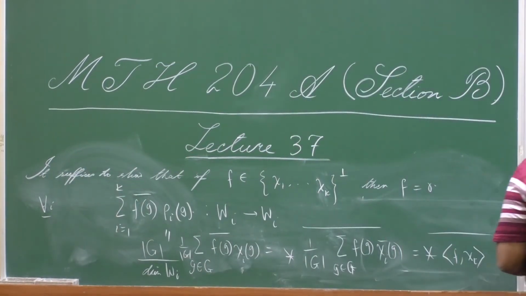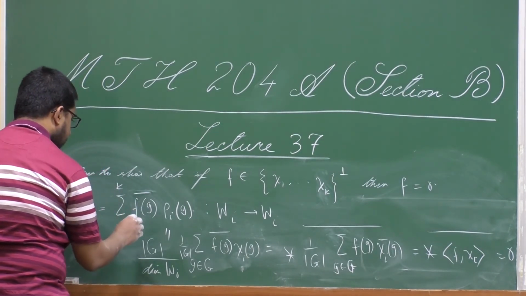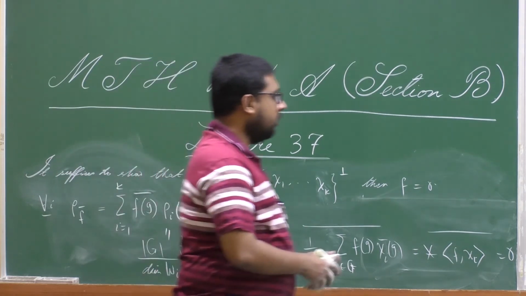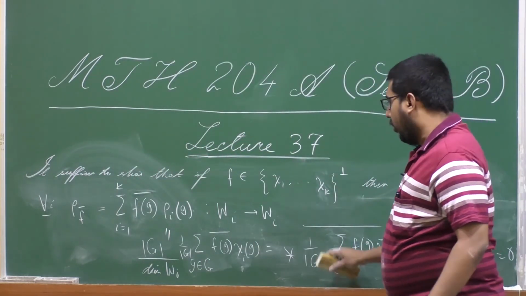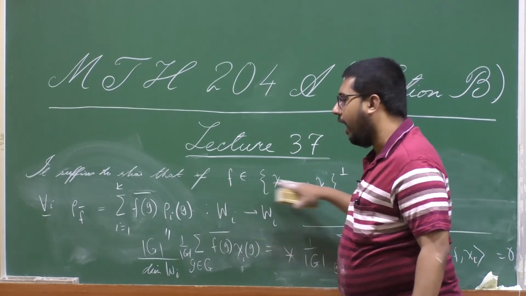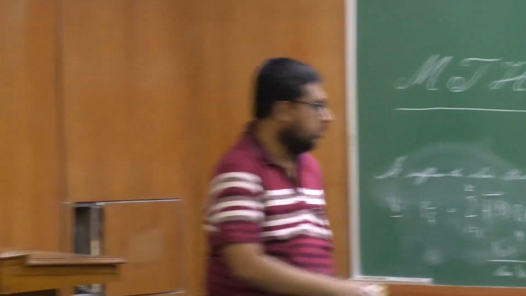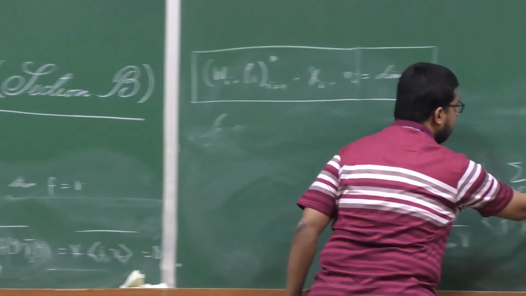That is what we wrote as rho f bar, according to our notation. So what we have thus proved is that if f lies in the orthogonal complement of these chi i's, then rho f bar is 0, right.